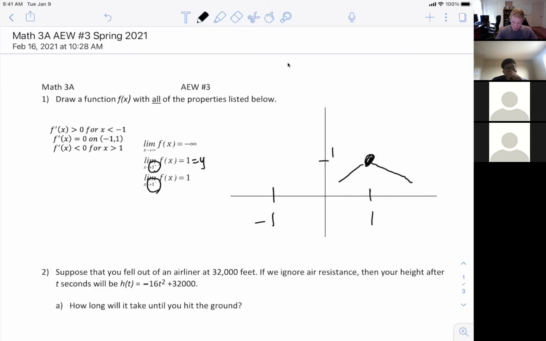So something like this. And then this one is saying if you follow the graph out forever, it's going to go down to -infinity. So this part is going to keep going down and down and down to -infinity.